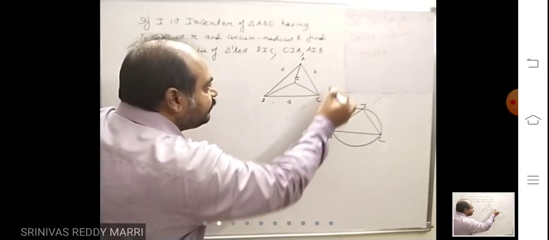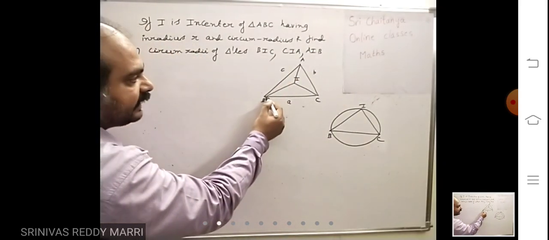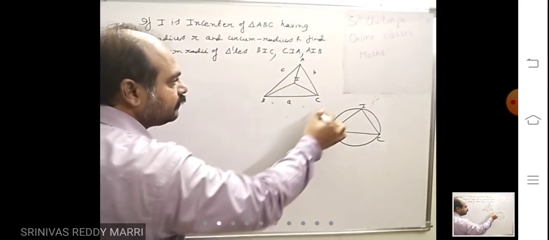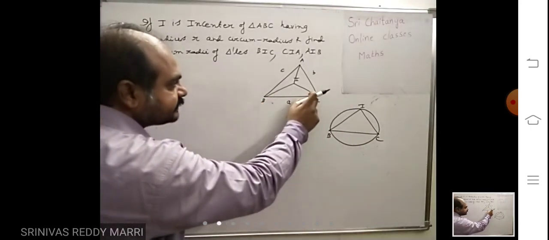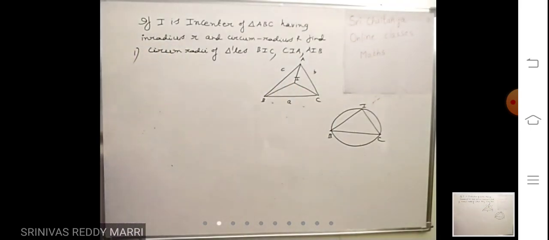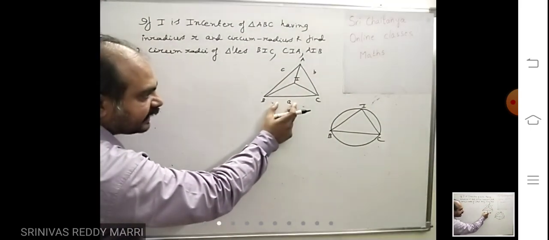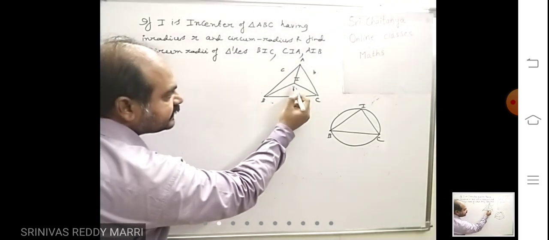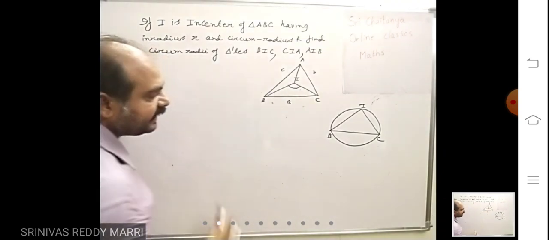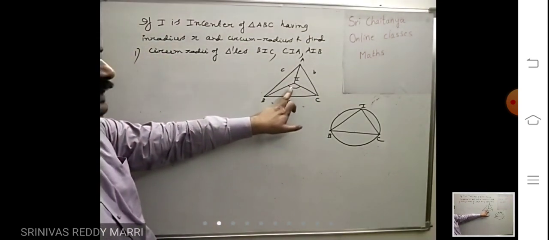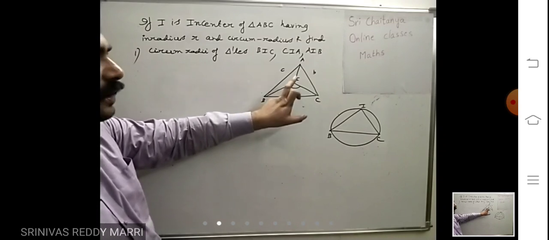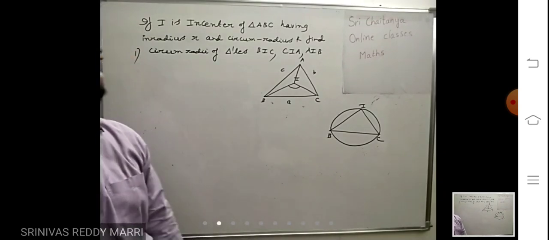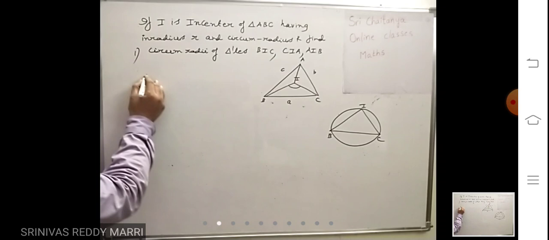Just like triangle ABC has one circumcircle, in triangle BIC there will be one circumcircle, not this one, not that one, but the circle passing through these 3 vertices. Whenever you want to calculate the circumradius of a triangle, use the sine rule. Side divided by sine of the opposite angle equals 2R, twice the circumradius.